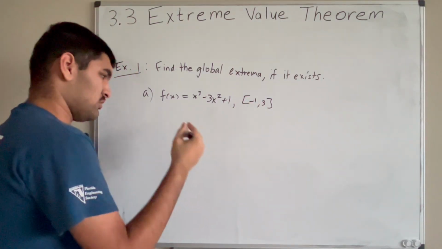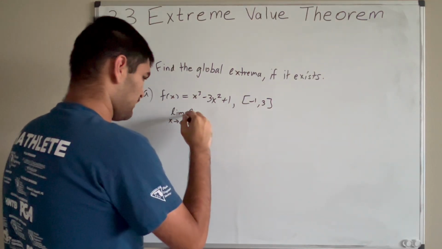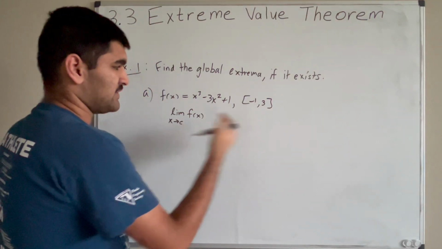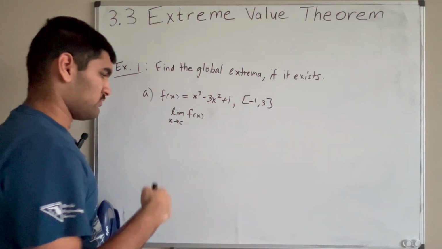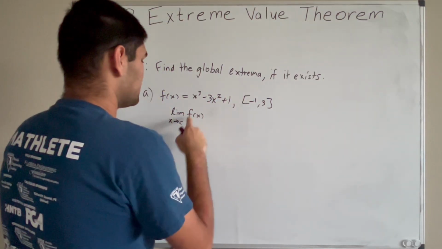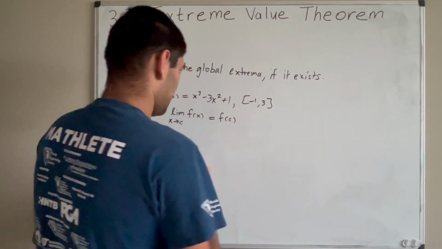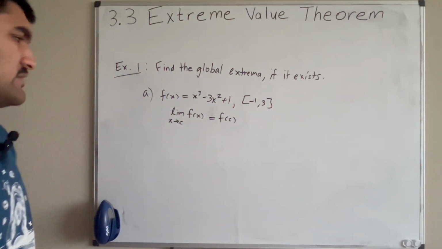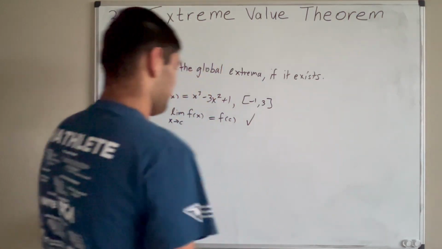Well, it is. And how do you know? Well, you could just take the limit as x approaches c of f of x, and c is simply any point in this closed interval. So it could be like 0 or -1, whatever. If you take the limit as x approaches c of f of x for c in this interval, you would get f of c. It's just equal to the function evaluated at c. And so this is the definition of continuity. So therefore, f is continuous.